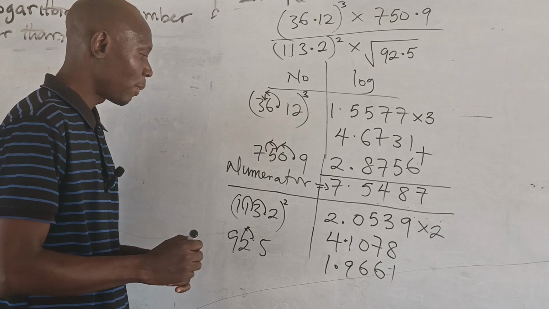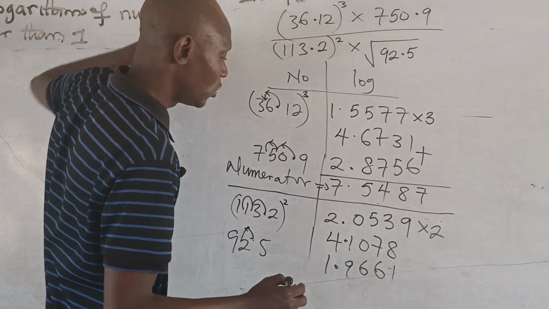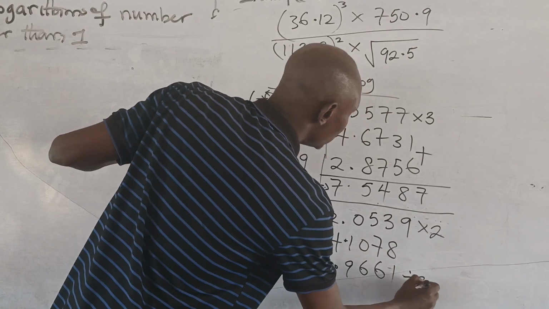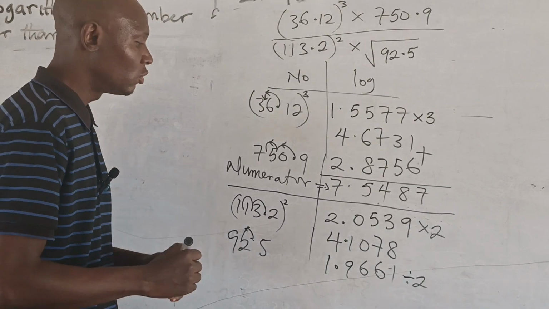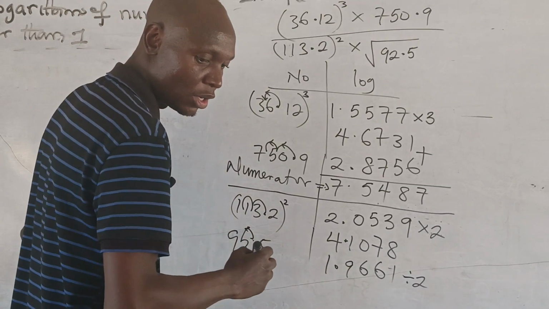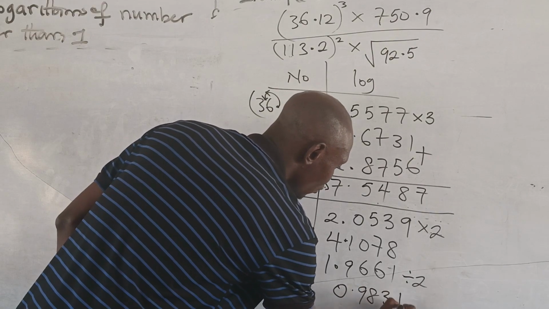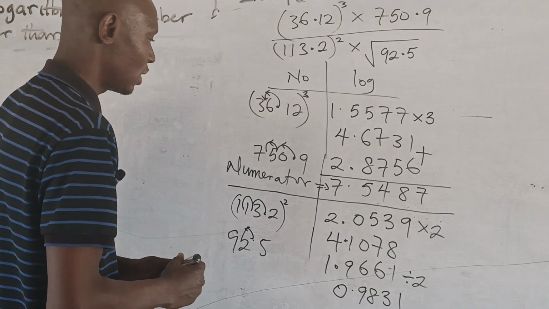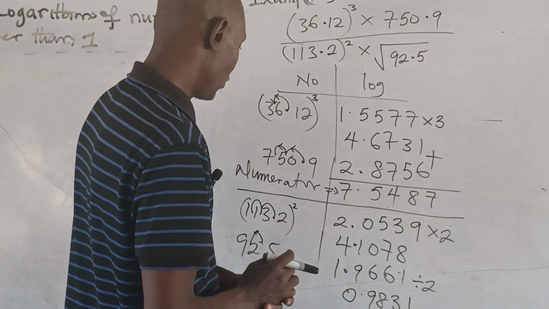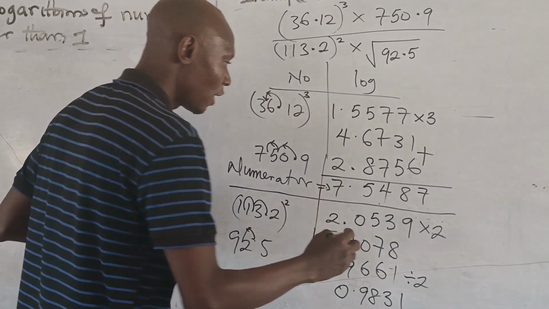Because of the square root, we are going to divide by 2. So if we divide by 2, we have 0.9831.